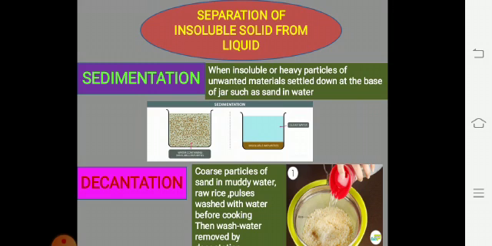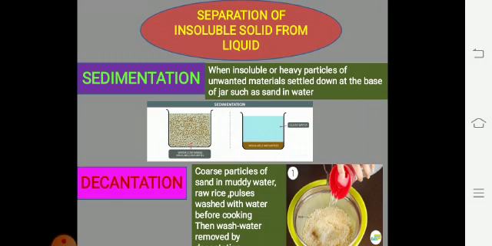When insoluble or heavy particles of unwanted materials like sand, chalk powder and soil settle down at the bottom of a jar, such as sand in water.